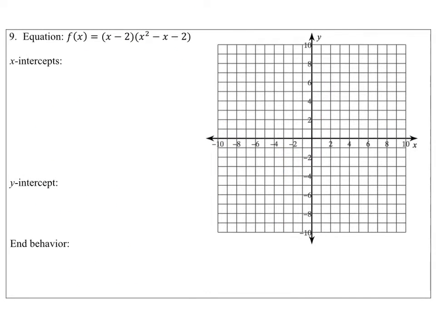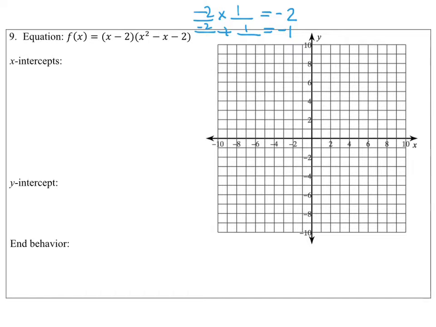Same kind of thing on number 9. I need to factor. So what multiplies to give me a -2 and adds to give me -1? -2 and +1.